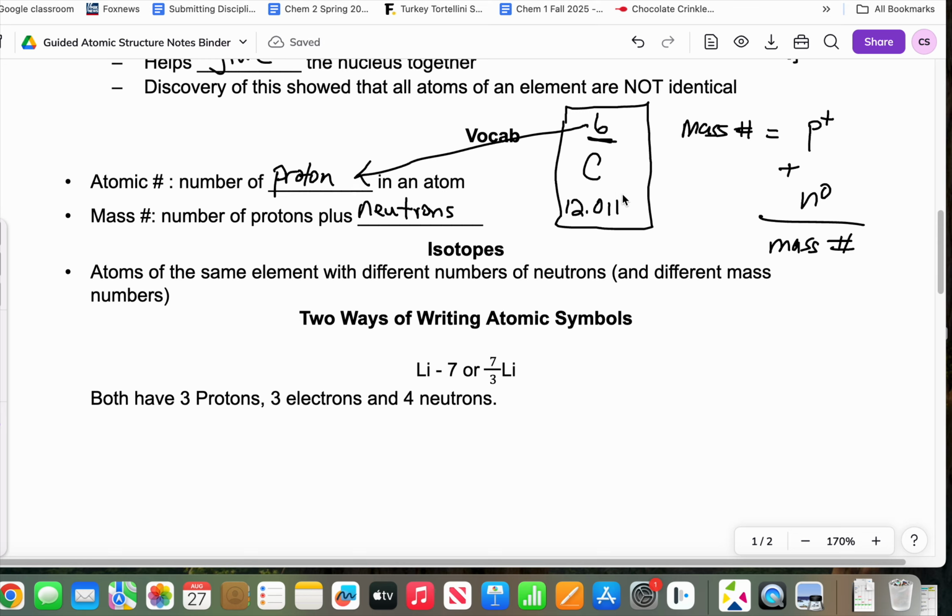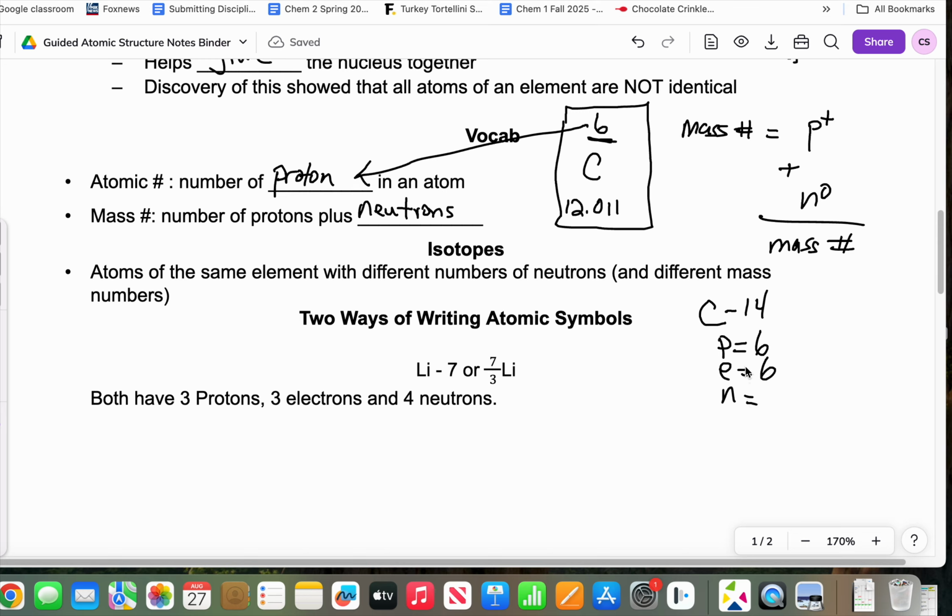Let me give you an example. Let's say there was this thing called carbon-14, and we're going to learn how to do this later. Carbon has 6 protons. I know that from the periodic table. It has 6 electrons, because protons will always equal electrons in an atom.